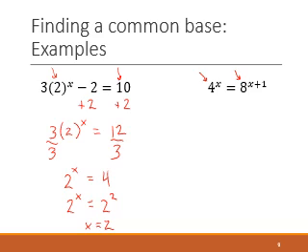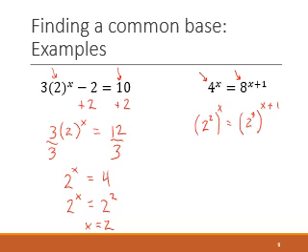And the way to do that is to recognize that 4 is 2 squared, and 8 is 2 cubed. So I'm replacing both of the bases with a base of 2.